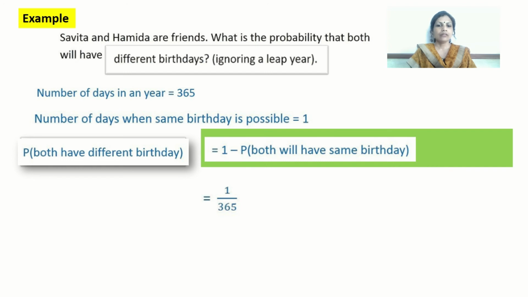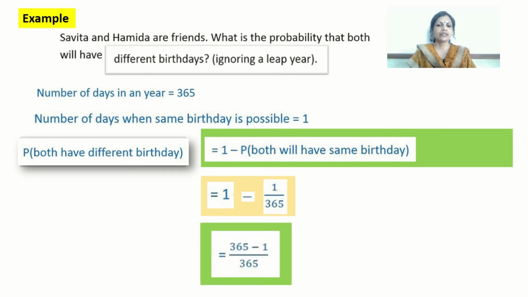Alright, so if we substitute the values, it is 1 minus 1 upon 365. Solve it. So 365 minus 1, this is by cross multiplication, divided by 365, and so we get the answer as 364 upon 365. So the probability that both the friends will have different birthdays is 364 upon 365.